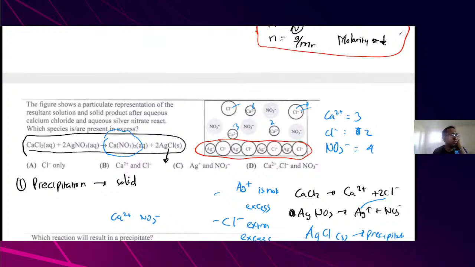So it looks weird. So the answer is B. However, we need to take a look at one by one. Again, let's think more.